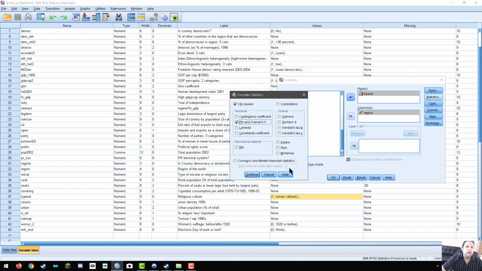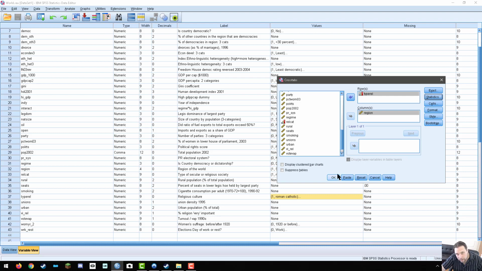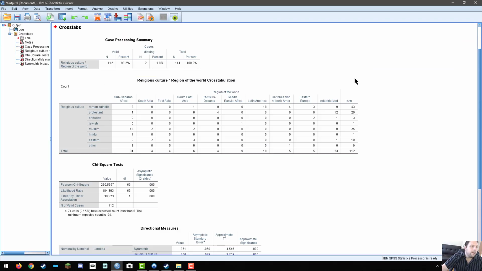We're going to click off phi and Cramer's V. But also I'm going to include lambda, because that's going to be our proportional reduction in error test that we're going to run along with nominal data. And just as easily I could have done this with ordinal by ordinal data. So feel free to go back and run a lambda analysis if you want for the previous variables that we looked at. But once I have all those things checked off, I'm going to hit OK, and then OK here.